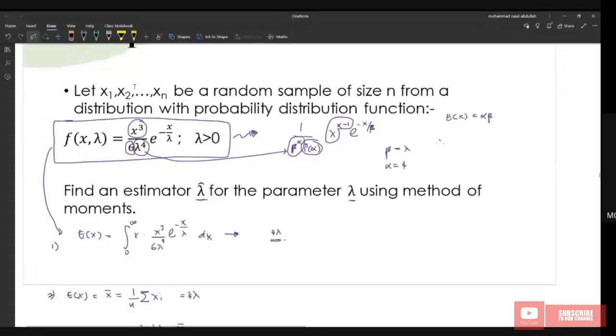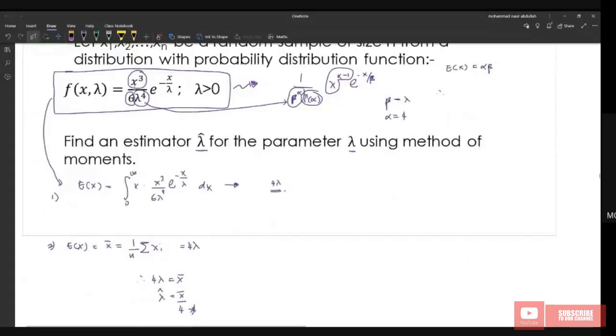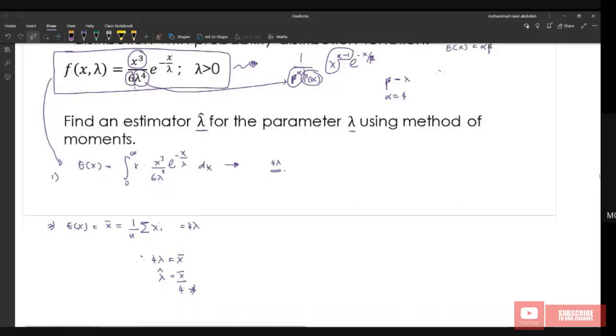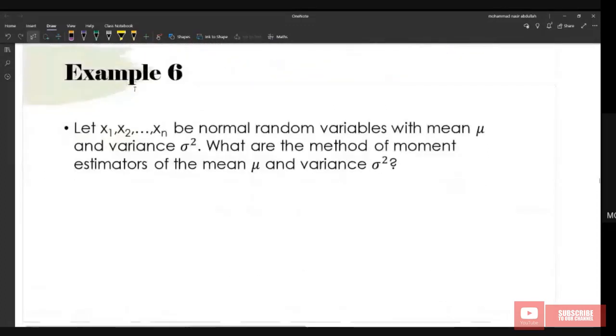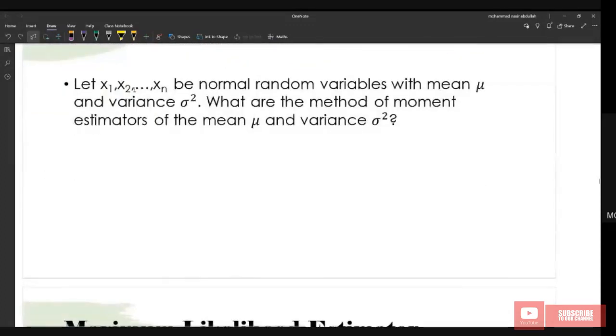Right. So far, any question? If you don't have a question, then we're going to look at the last example for the method of moments. So let x1 until xn be normal random variables with mean equal to mu and variance equal to sigma squared. What are the method of moments estimators of the mean mu and the variance sigma squared?